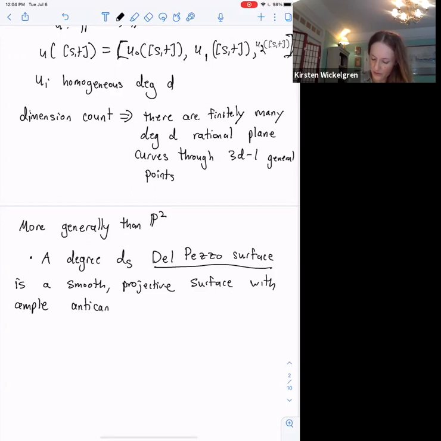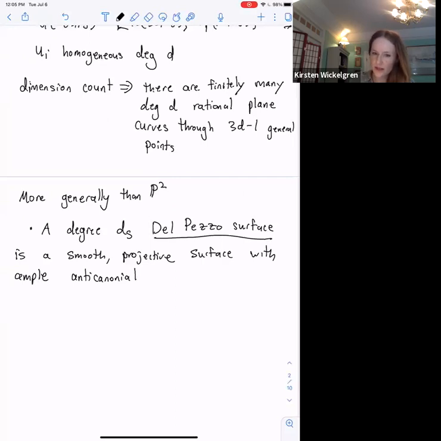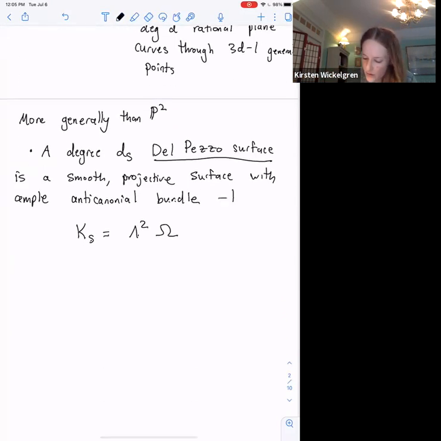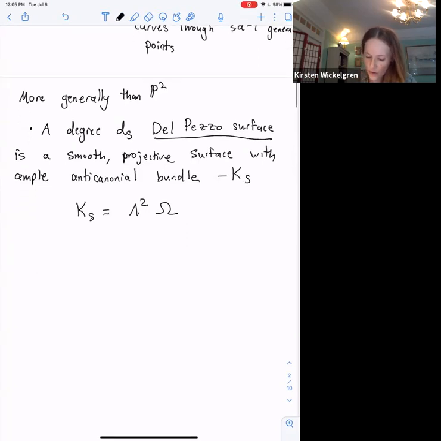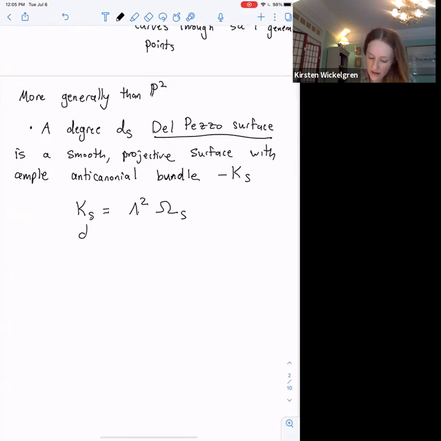The canonical bundle is the wedge 2 of the cotangent bundle, and the anticanonical bundle is its dual, like minus K in the Picard group. And then the degree is the self-intersection.